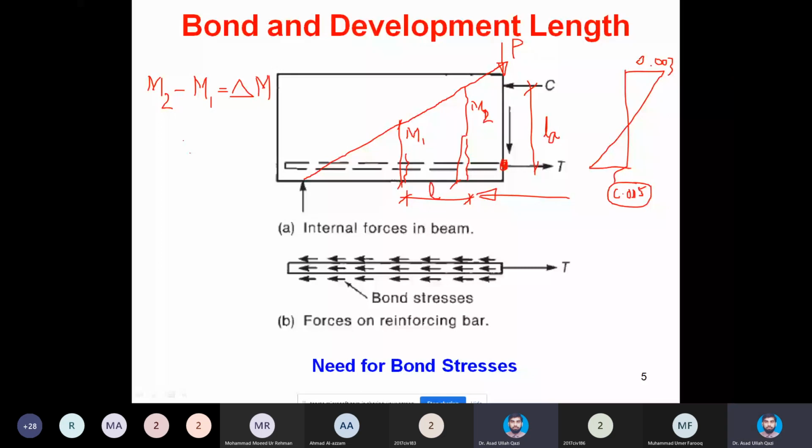Now you are well familiar that against this M2, external applied moment, there will be internal resistance, and that will be the area of steel which is present in the beam at some stress. I can use subscript Fs2 into lever arm. So this moment will subject the area of steel which is present as reinforcement in the beam to Fs2 stress.